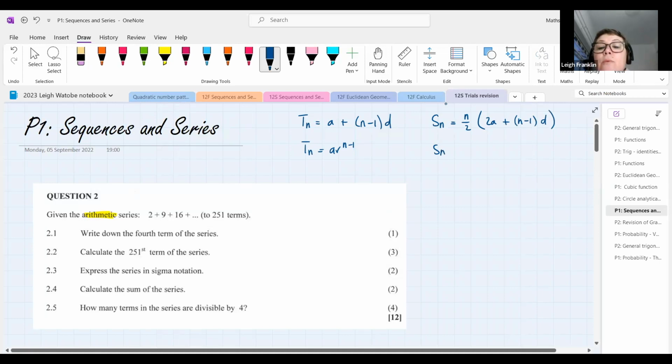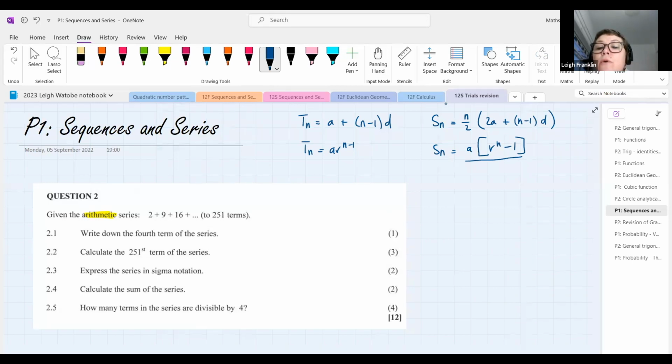Sorry guys, I've got such a headache today. And then here we've got Sn equals a into r to the n minus 1 over r minus 1. Okay, so those are the formulae that we would need for this particular section.